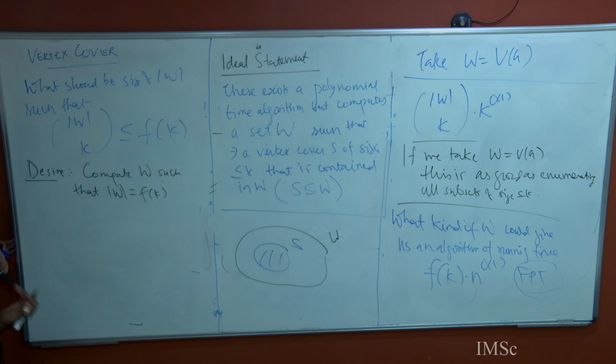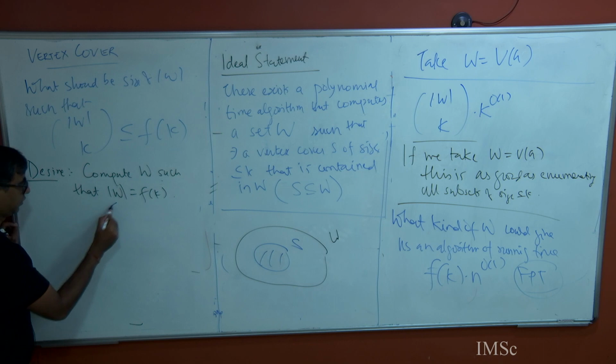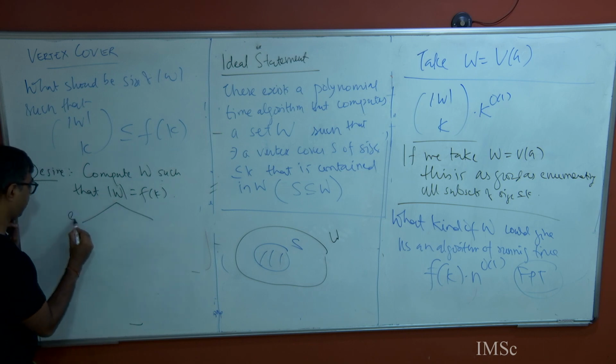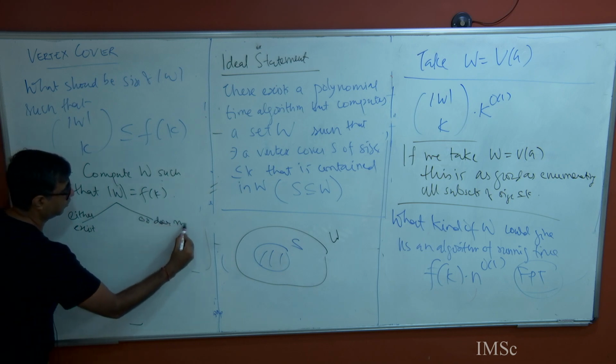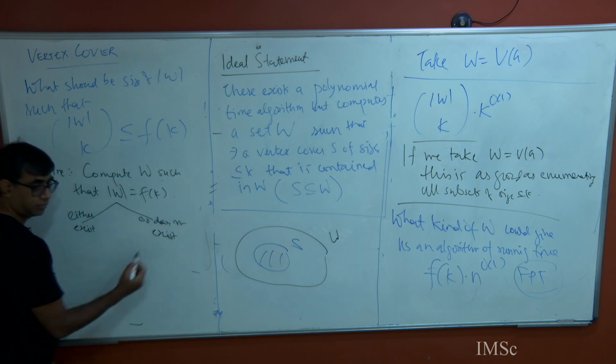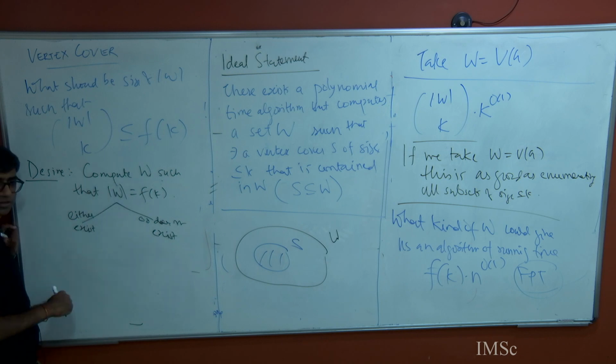Okay. There can be two things: either it exists or does not exist, right? Maybe such W exists or such W does not exist.